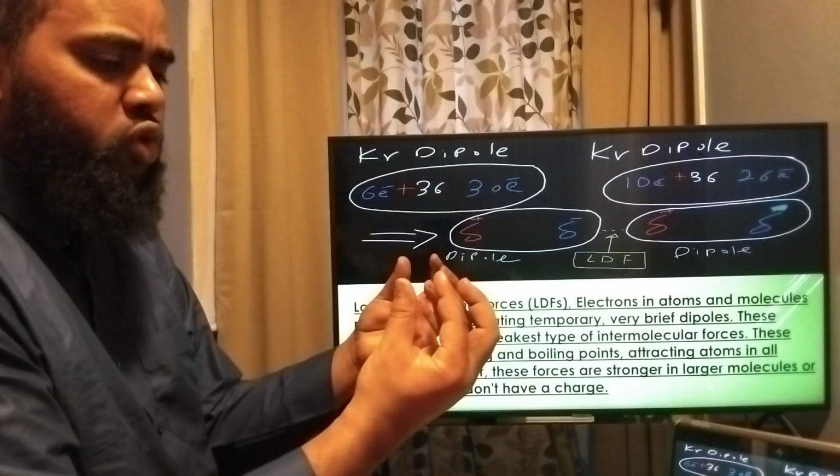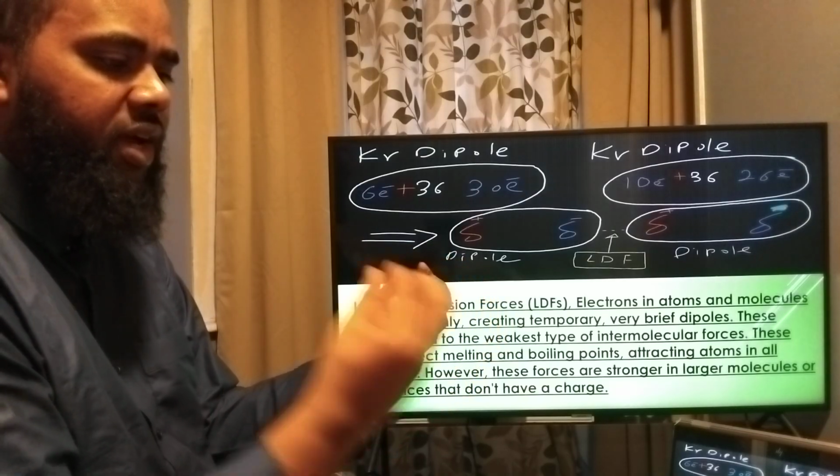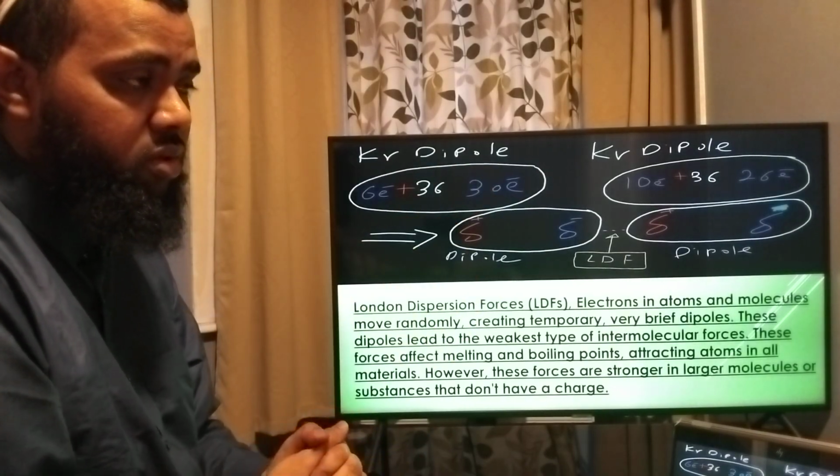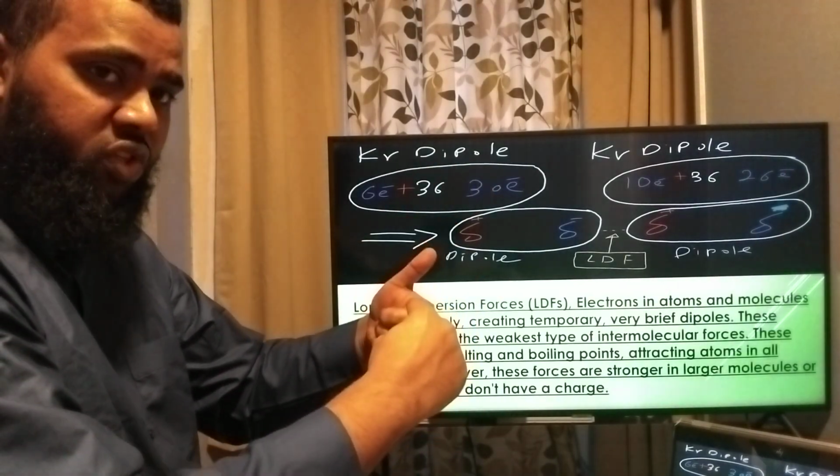Some of these compounds have permanent dipoles, which means permanent forces.